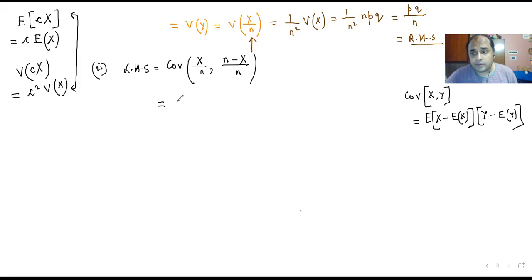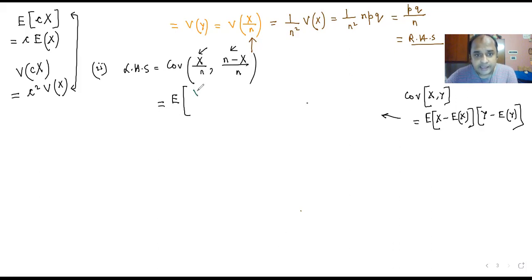Now you can use this particular formula for the random variables. You can treat the random variable x by n as capital X, and the random variable n minus x by n as capital Y. So just try to correlate what I am writing.